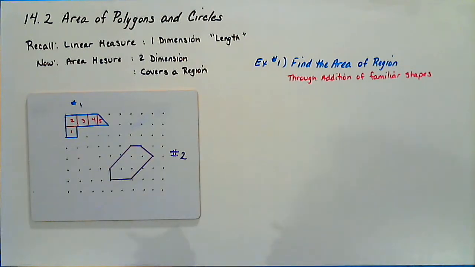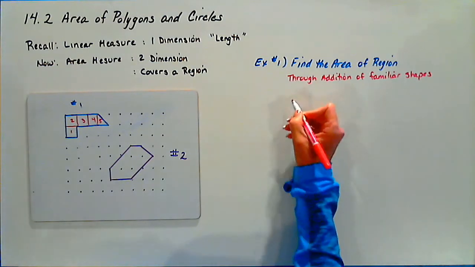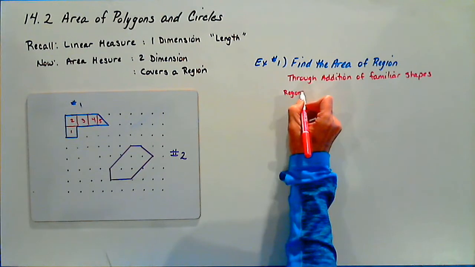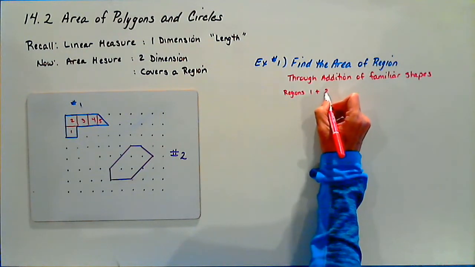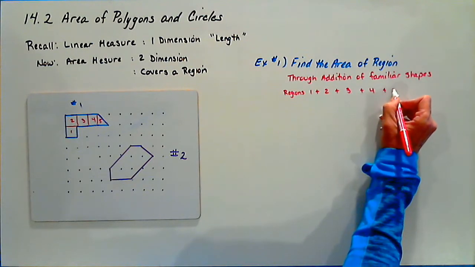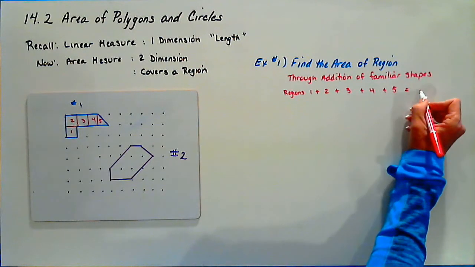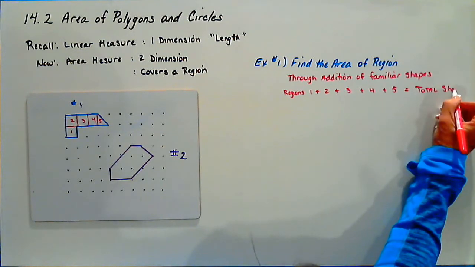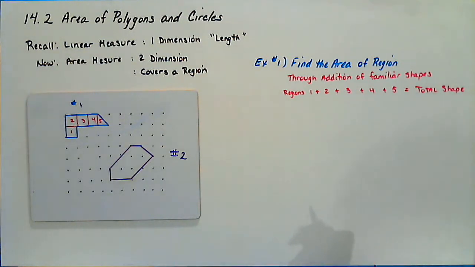When I taught junior high and we would do areas, I would have them literally write it out: regions 1 plus 2 plus 3 plus 4 plus 5 equals our total shape. The reason I'm doing that is it gives them small pieces to analyze.